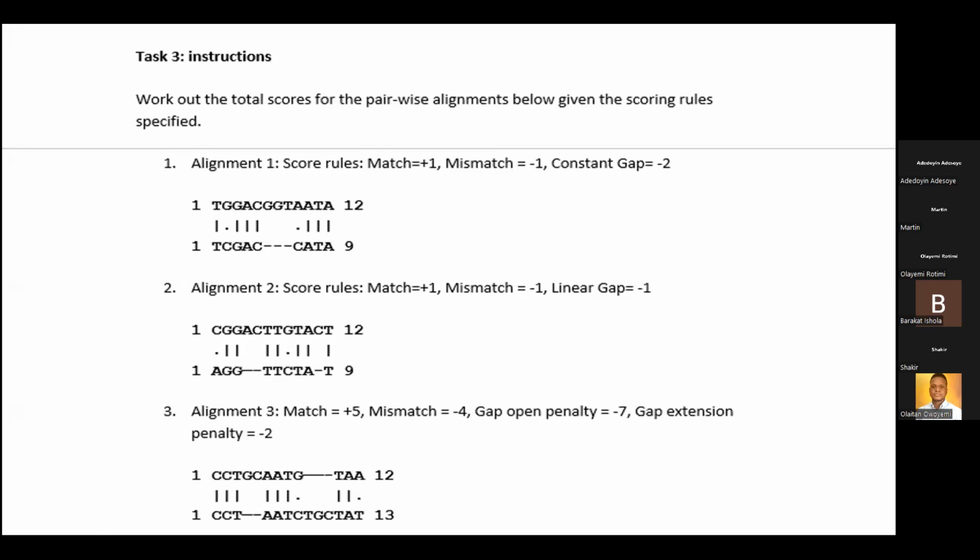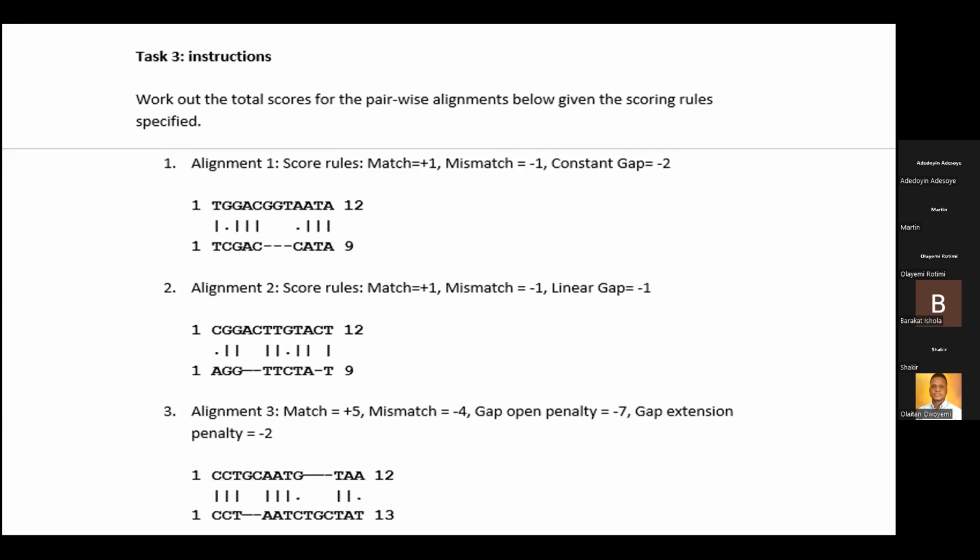We have 5 gaps, calculating both the gap in the first one and the gap in the second one. So 5 minus 1, we have 0 minus 2 into bracket 4. That is minus 2 times 4, that is minus 8. So minus 8 is the total number of gaps that we have.